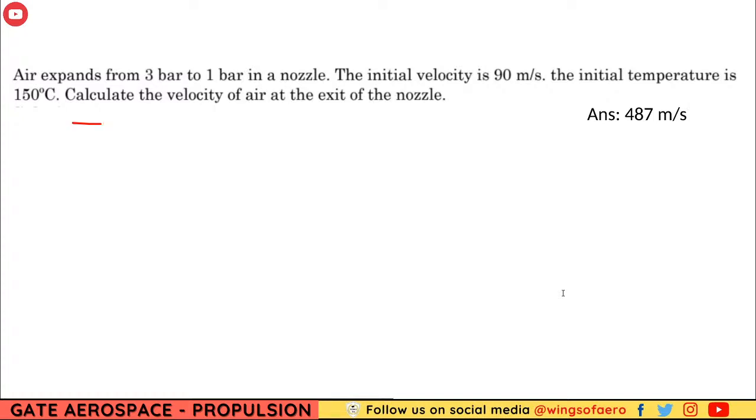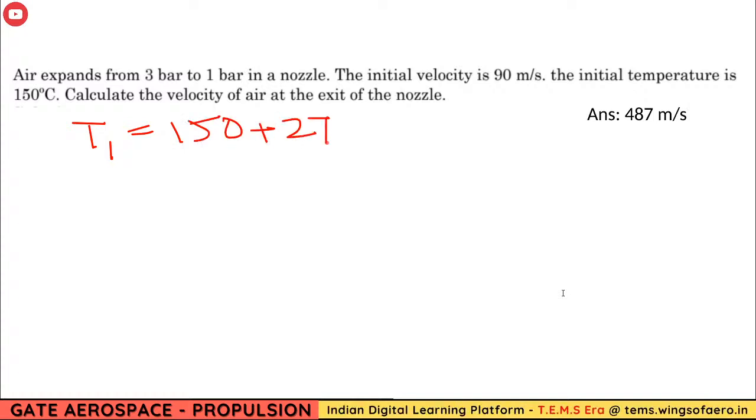Now, T1 equals to 150 plus 273, getting 423. Alright. Now, here it is an air expanded.